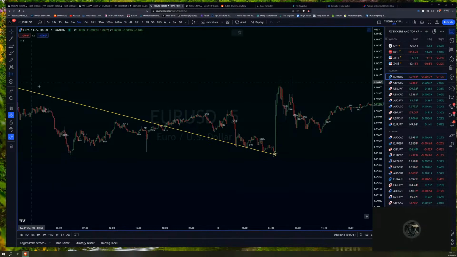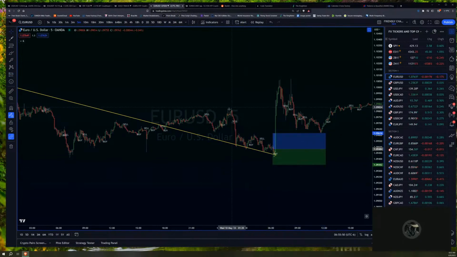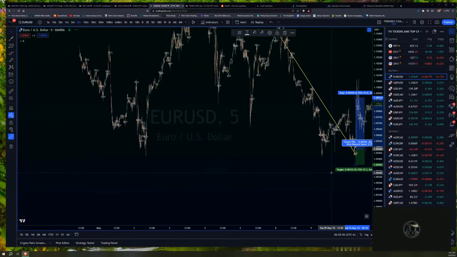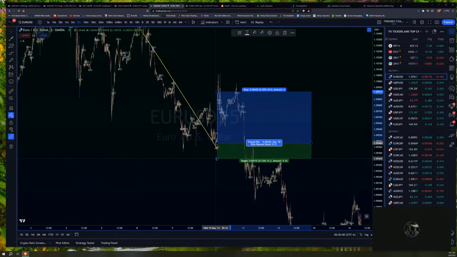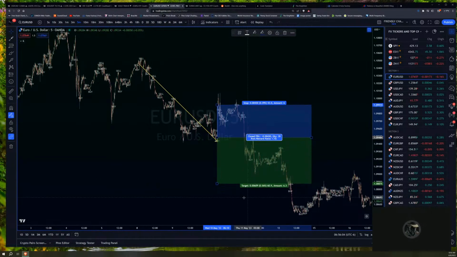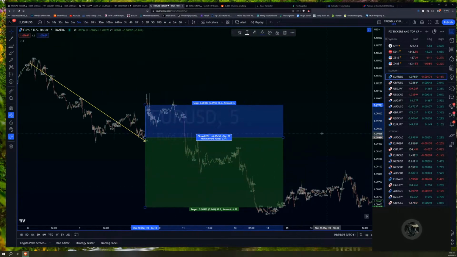What a lot of them did, I can almost guarantee it, was go short as price was going down. They went short right there, and they had their stop loss maybe above this prior peak, and then their take profit somewhere down here, because the general trend was down. And as you can see, after the announcement, price did continue downward, right? So that might be what the trade looked like.